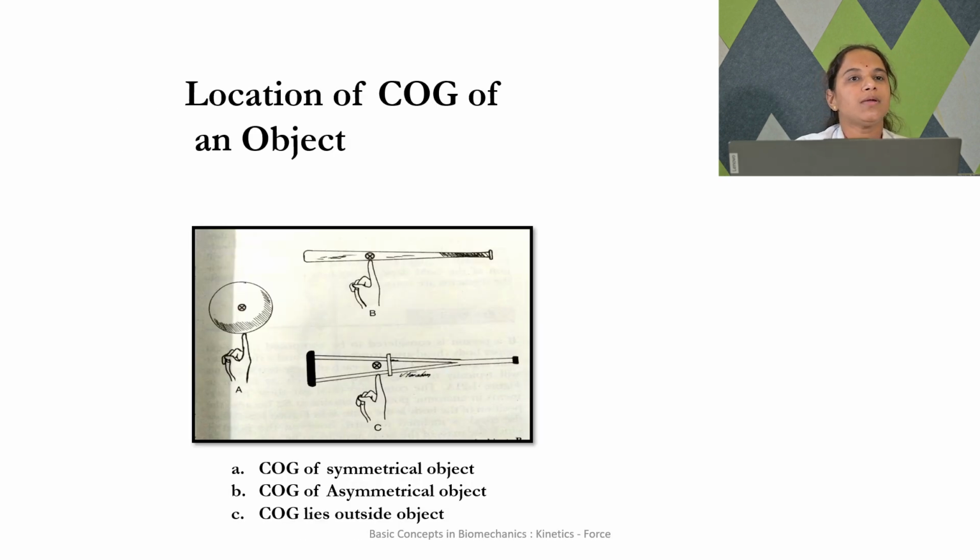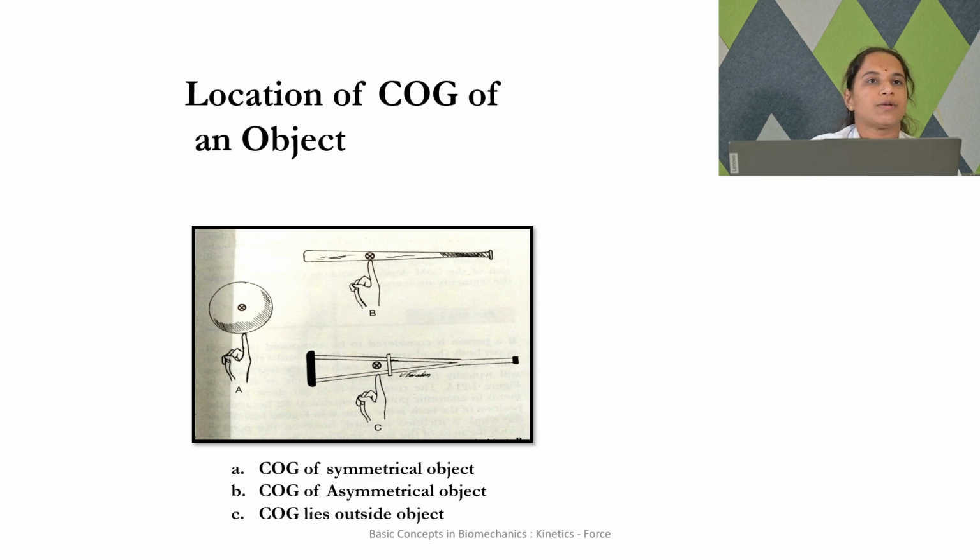You can see here in the picture, in ball, it is located at center. In a stick, it is located towards the heavier side, and in crutch, center of gravity lies outside the object.